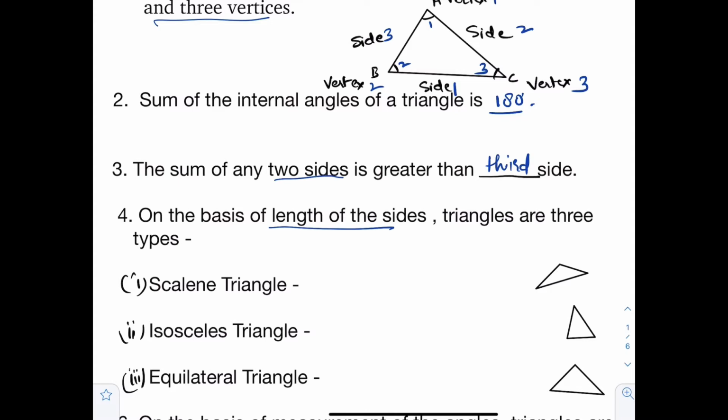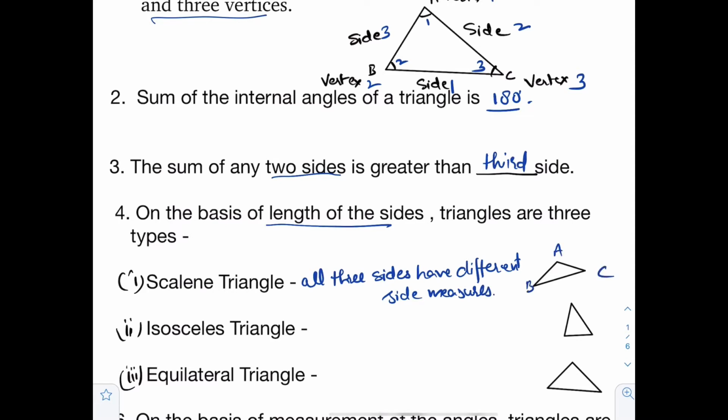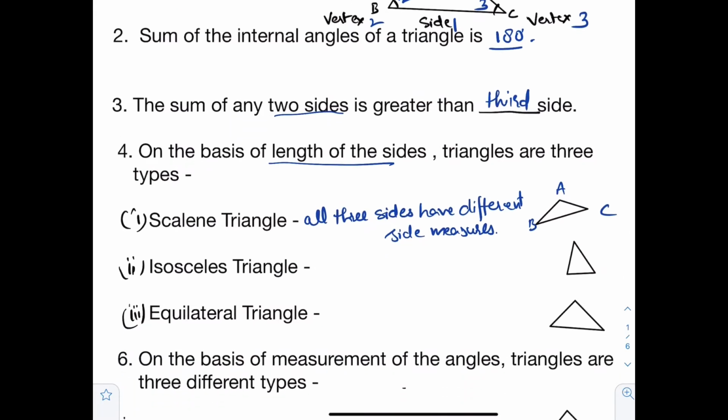Means all three sides have different side measures. So this is ABC, this one is a scalene triangle. So all sides are different in measure.